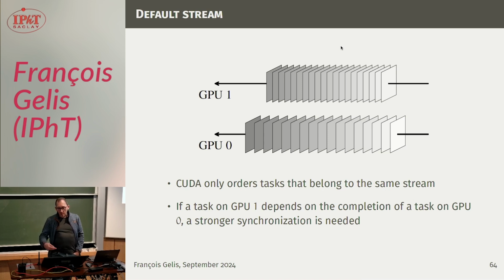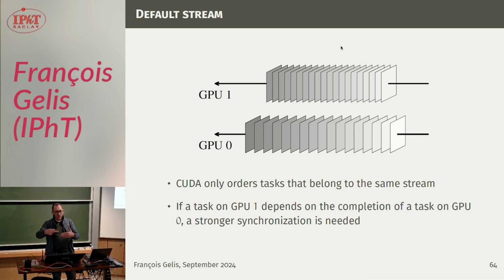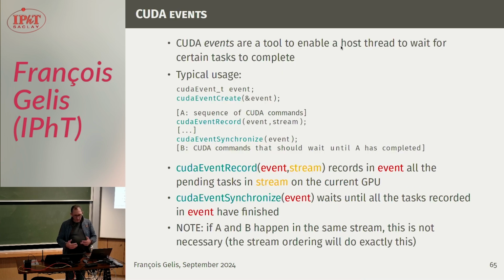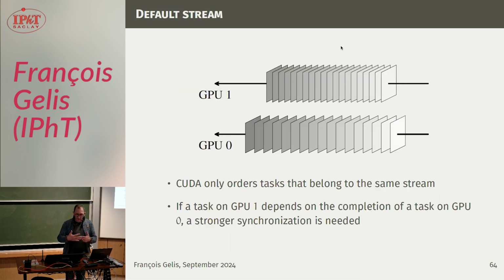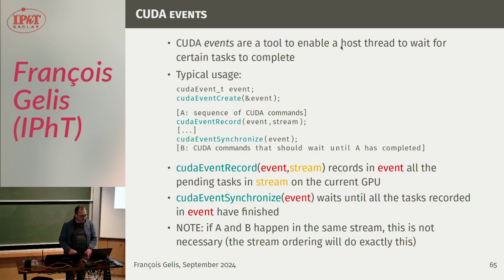For instance, if GPU 0 is computing something and then is responsible for transferring the result to GPU 1, and then GPU 1 does another computation on that, you need a way to tell GPU 1 that it's okay to start the computation because the data has been transferred. By default, this will not happen, and of course, there is a risk of trying to use this data while it has not been copied yet.